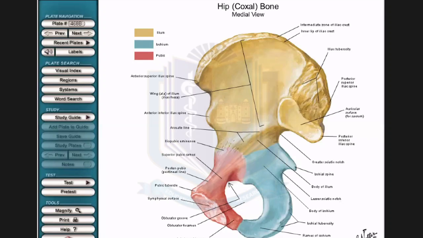Yes, sir. Okay, can you tell me the various parts of the ilium bone? Sorry, sir. Sure. What is the anterior superior iliac spine?